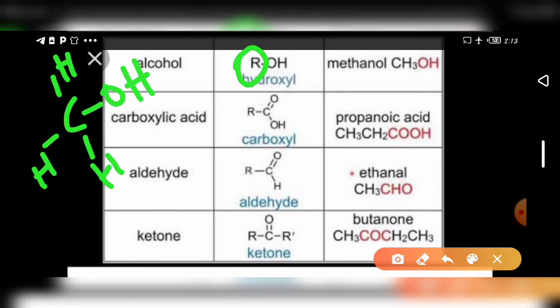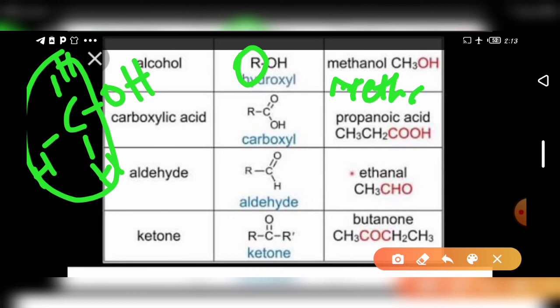So you see the skeleton form, that is CH3OH. R denotes the alkyl group. So methyl, instead of YL you put O, that is methane, and instead of E you put OL. That is known as alcohol.